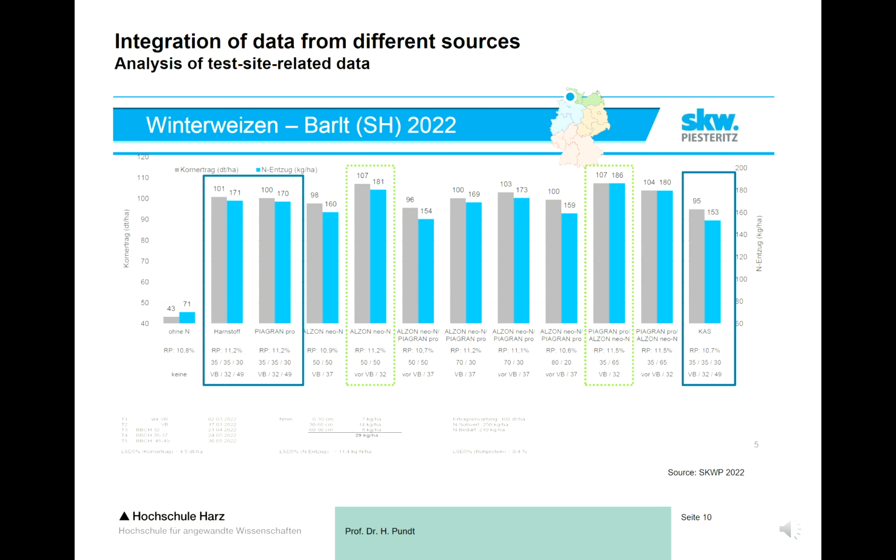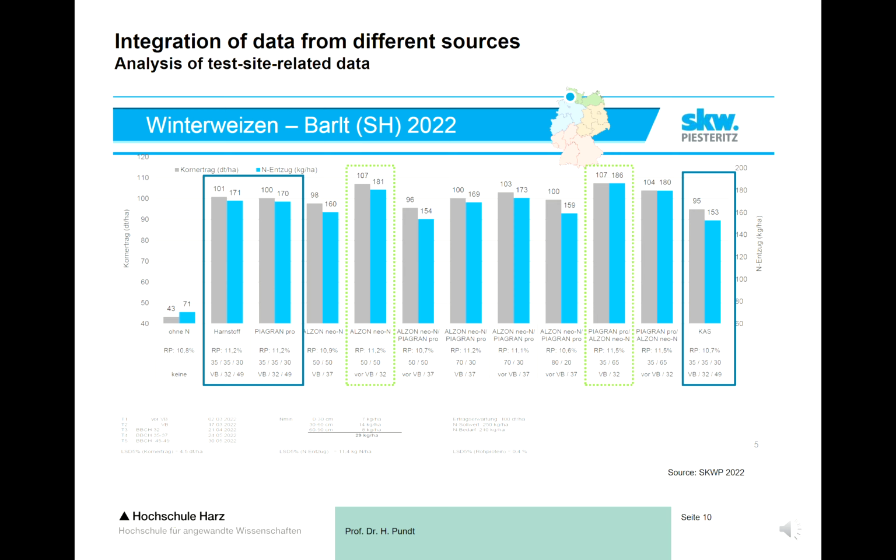For one test site, on the x-axis you see different combinations of nitrogen fertilizers, some of them inhibitor-based, and on the y-axis you see the crop yield, and of course differences are observable.